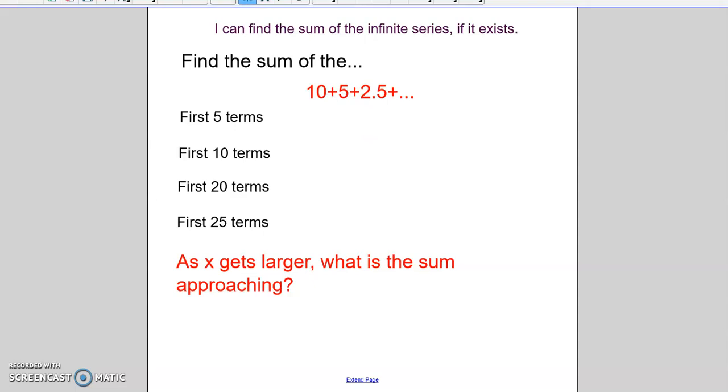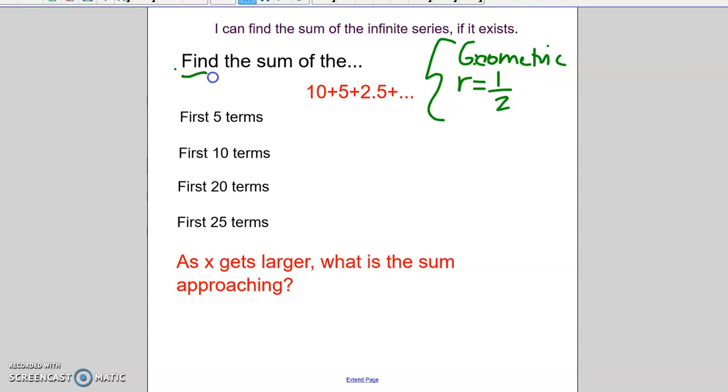But if I was to multiply here by 1/2 and multiply again by 1/2, then I'm getting here a geometric series. So this is geometric. And what I was doing was I was multiplying by 1/2, so that is my common ratio.